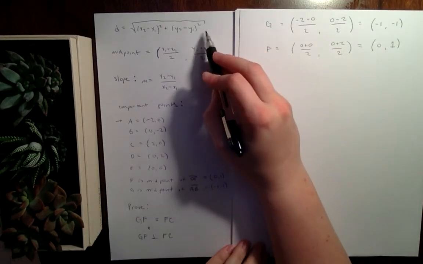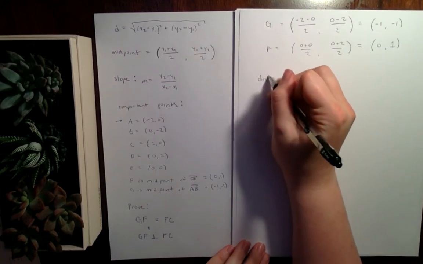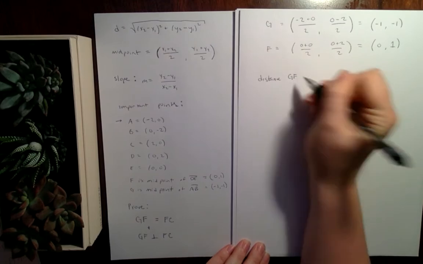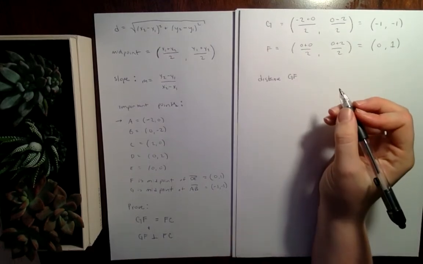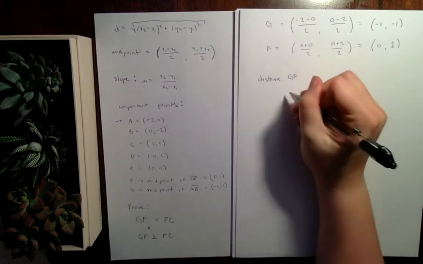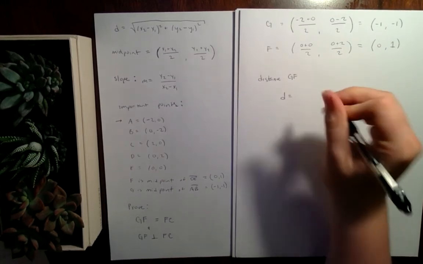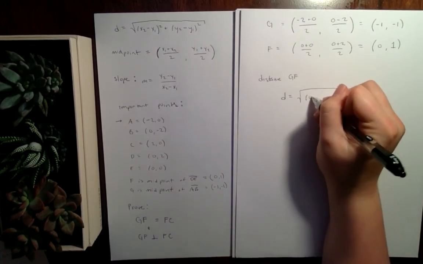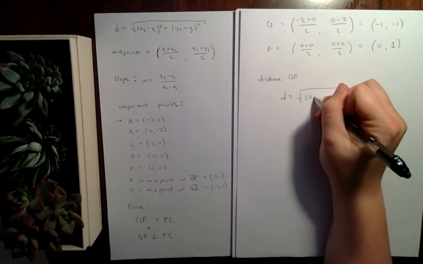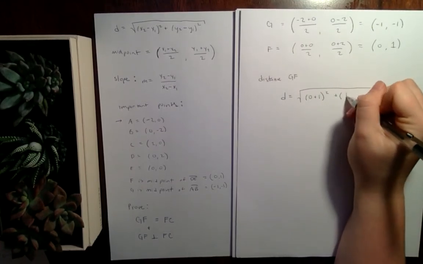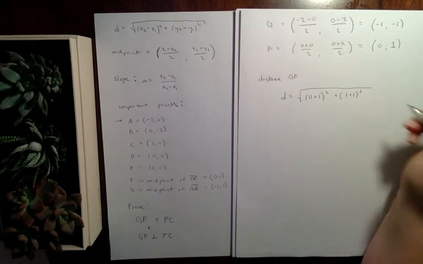So we have our distance formula right here. So distance of GF, we have the distance equals this big square root of 0 plus 1 squared plus 1 plus 1 squared.